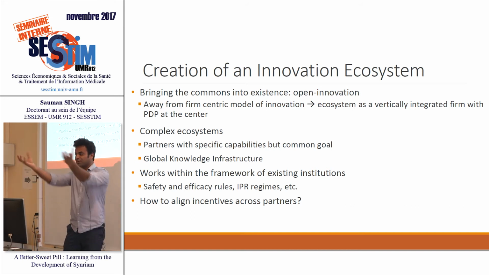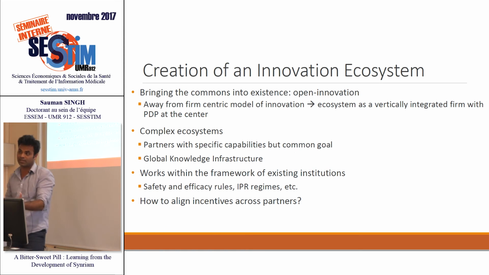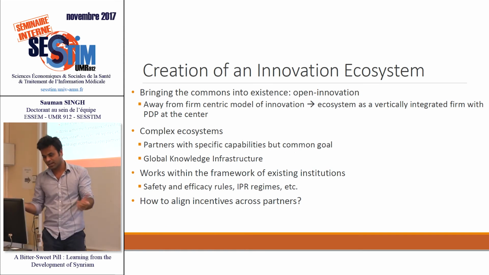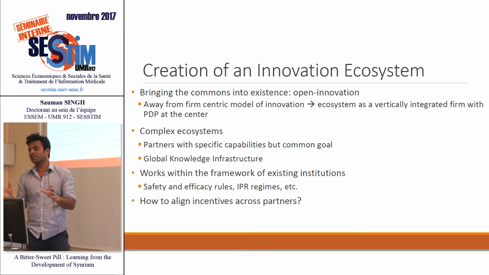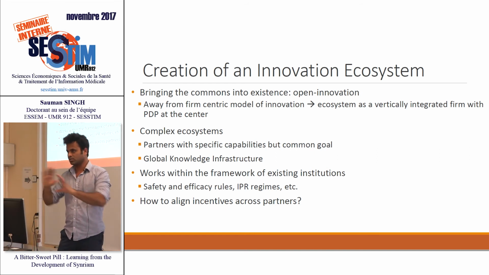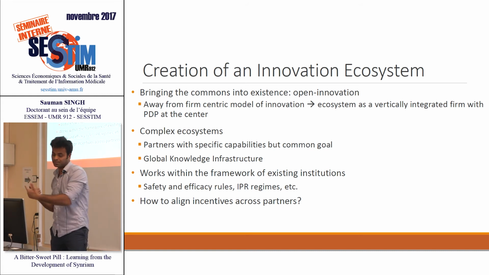And if we take all of them, in the last 20 years, they have really created a parallel, an alternative way of doing R&D, which is not dependent upon the traditional system, the closed R&D of the pharmaceutical industry. Again, they work within the general institutional environment, regulations like safety and drug efficacy for clinical trials. The rules are not changing, but we will see later that they are playing with the rules.